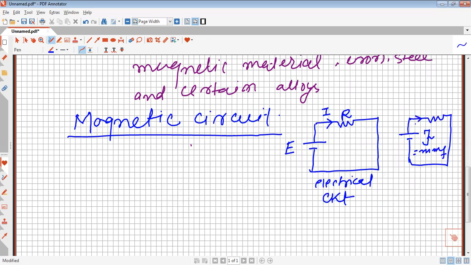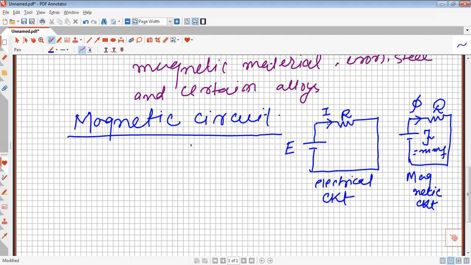And here the current is replaced by flux phi, and this resistance is replaced by another term that is called reluctance. So this is called a magnetic circuit. In this circuit, we see there are a lot of similarities. Here EMF is there, MMF is there. Here current is flowing, here flux is flowing. Here resistance is there, here reluctance is there.